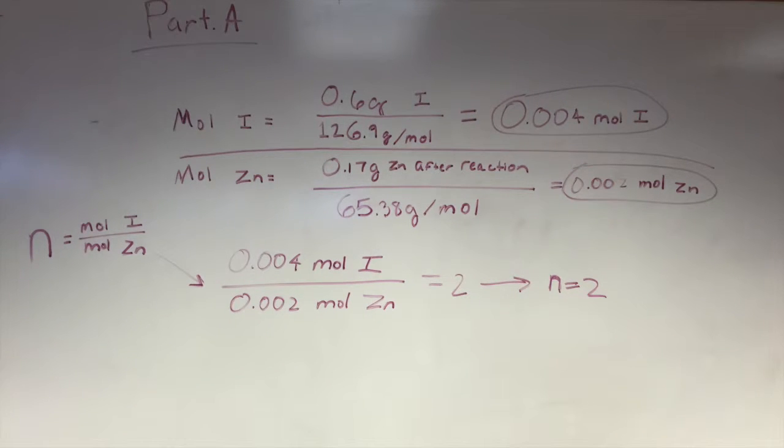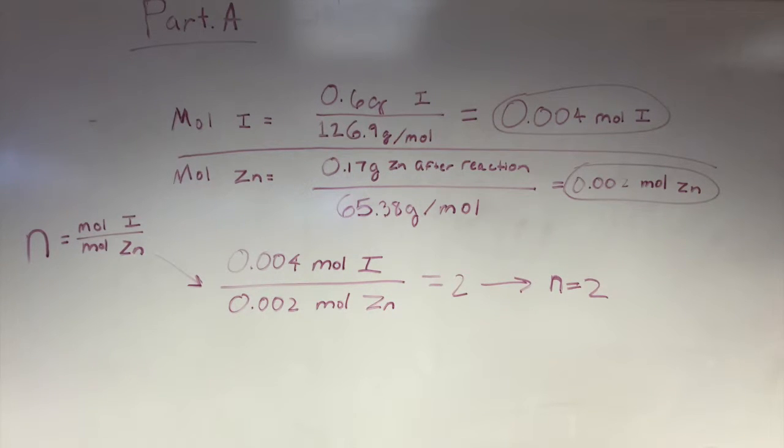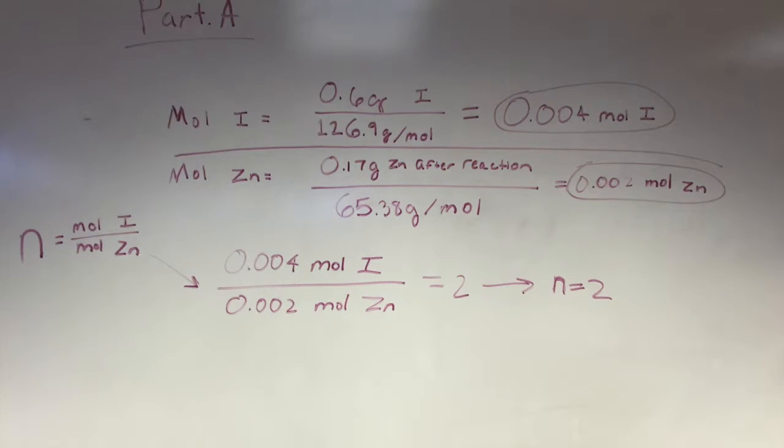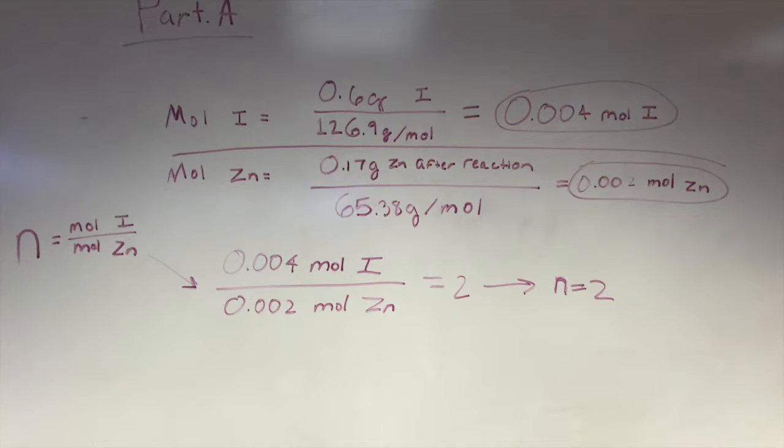For the calculations of part A, we weighed the mass of iodine, which was 0.6 grams, and then we got the moles of it by dividing it by the molar mass of atomic iodine, which was 126.9 grams per mole, and ended up getting 0.004 moles of iodine.